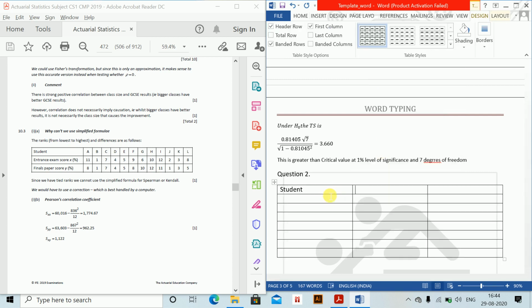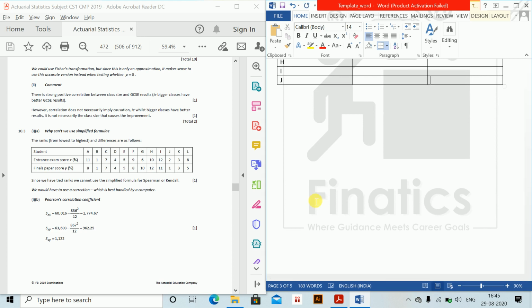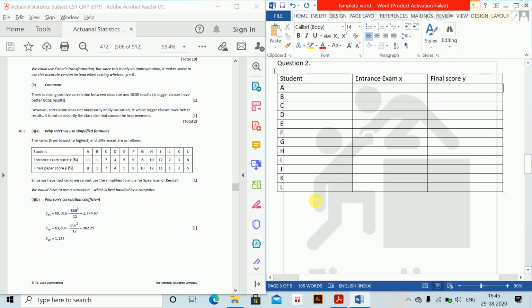So student, and then you have entrance exam score X and final score Y. Okay, so students are A, B, C, D, E, F, G, H, I, J, K and L. These are the students and they have the marks over here: 11, 1, 7, 4, 5, 9, 6, 10, 12, 2, 3 and 8.